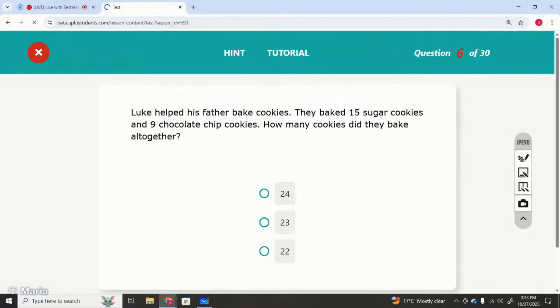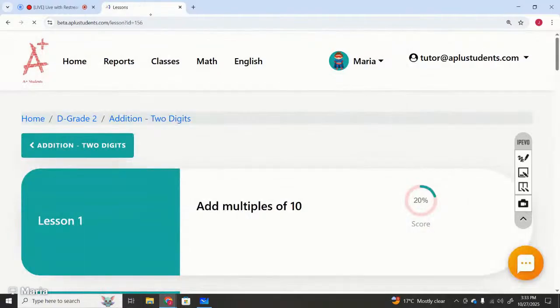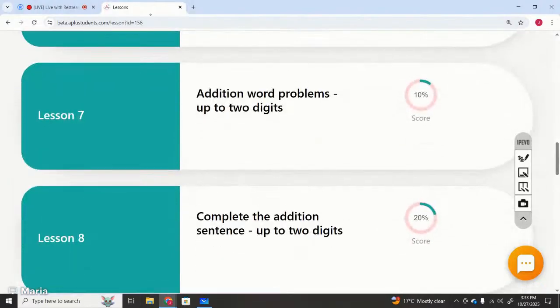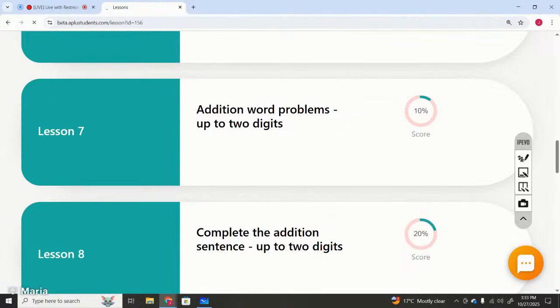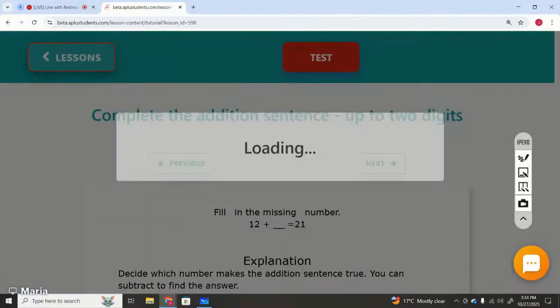The next lesson is complete the addition sentence up to 2 digits. Let's just start with the test questions.